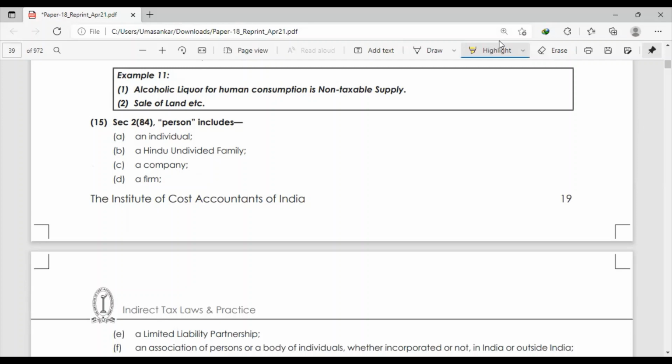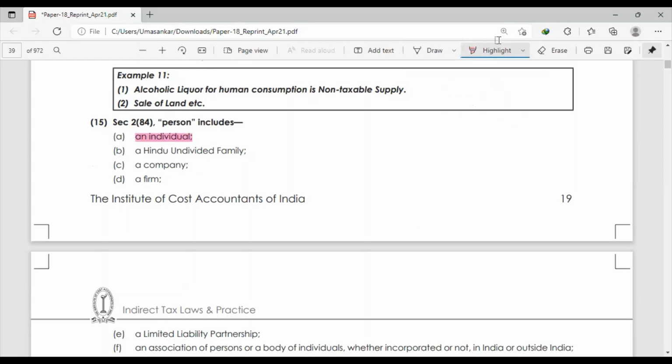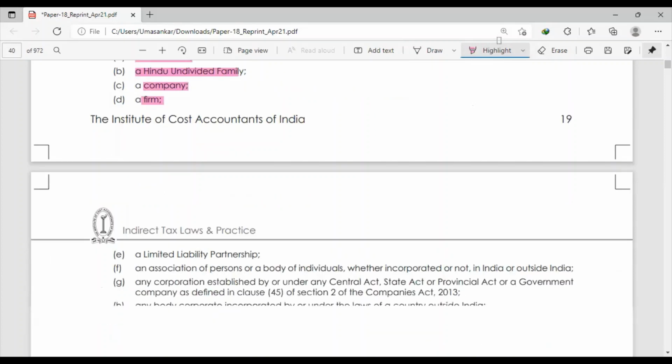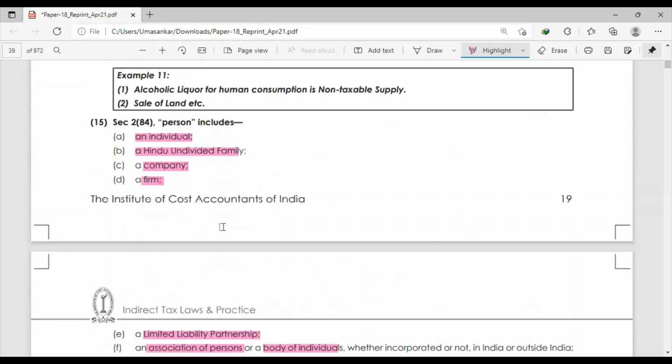Individual, HUF, company, firm, LLP, AOP, BOI, any corporation, any body corporate, cooperative societies, local authority, central government or state government, society, trust, and every artificial juridical person. This is not something I need to explain; you could have already understood it.